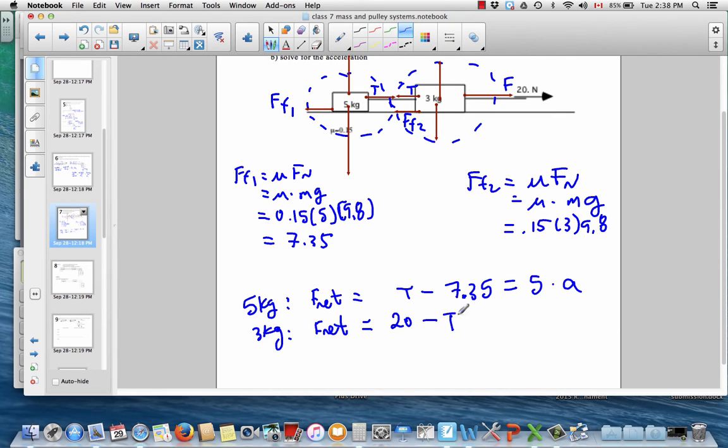Tension acts to the left, so we subtract that. And then this second force of friction of 4.41 newtons, which I forgot to write in. That also gets subtracted. That's also acting to the left. So that's an expression for the net force on the 3 kilogram object. That's got to equal the mass times the acceleration.